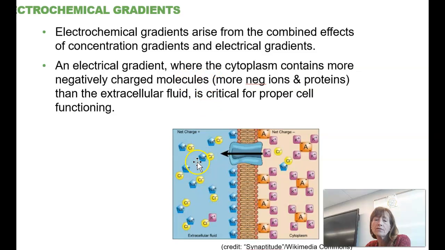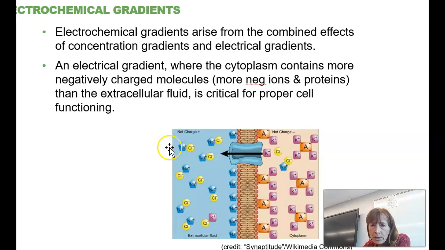It wants to have more negative charges on the inside. So on the extracellular side, on the outside, the outside generally has a higher concentration of positive charges. So the cell is going to use energy to maintain that imbalance of having certain charges on the inside and on the outside.